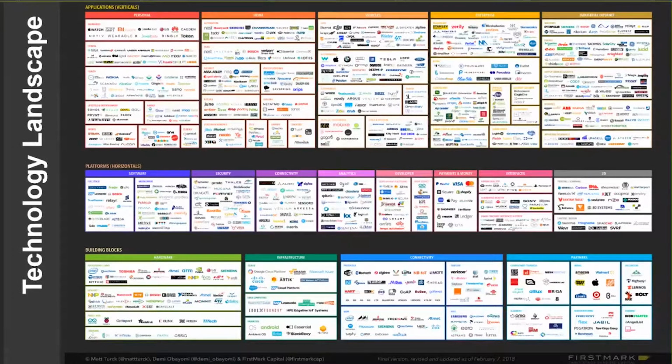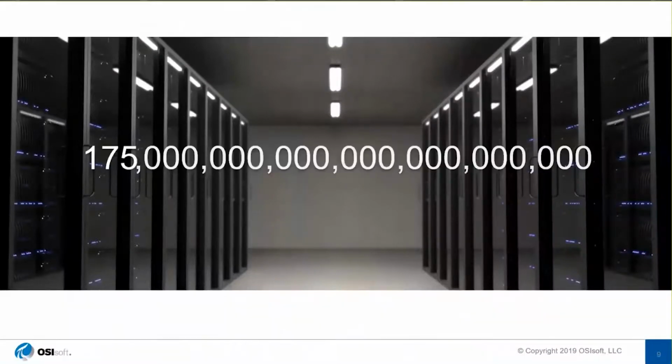Now, there's another study that says by 2025, there will be 175 zettabytes worth of data. Now, if you don't know what 175 zettabytes is, take the number 175 and add 21 zeros to it. 175 zettabytes worth of data by 2025.